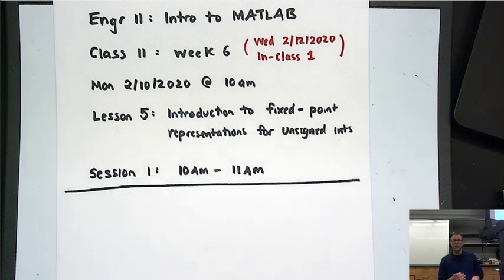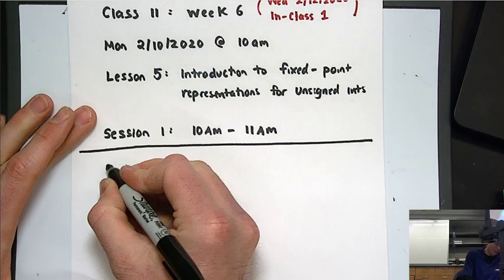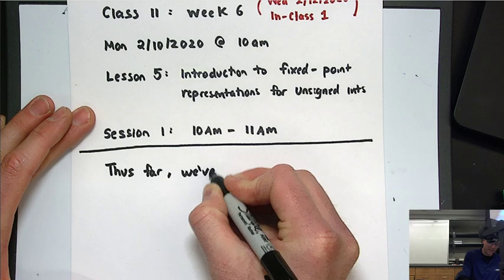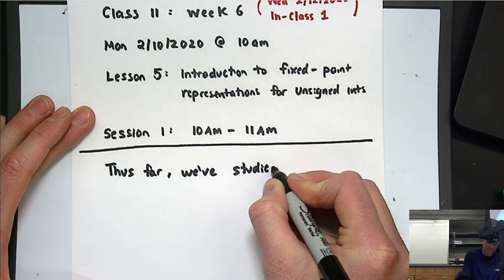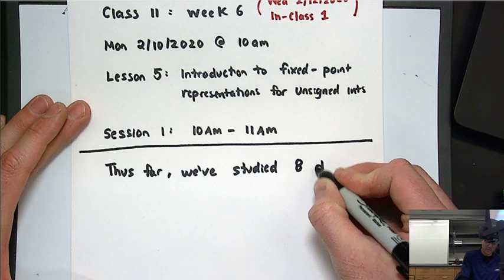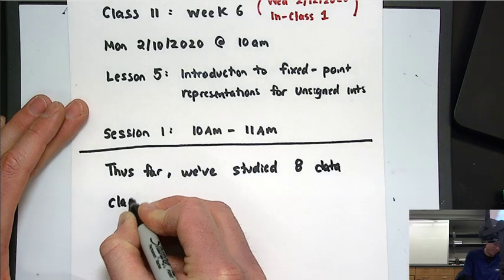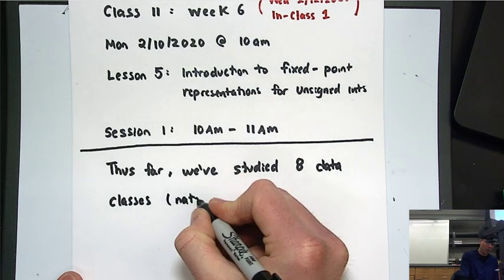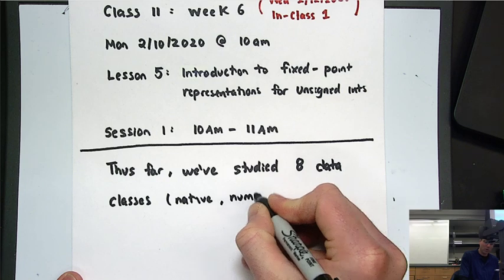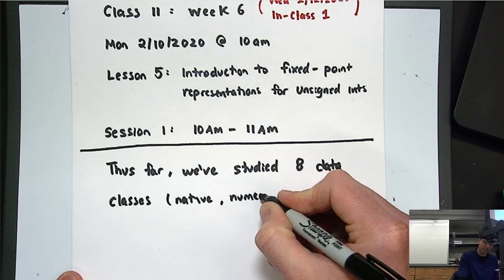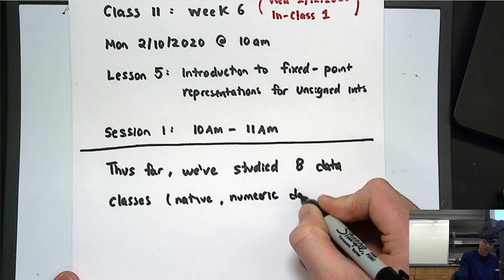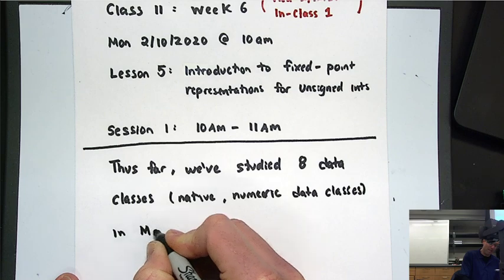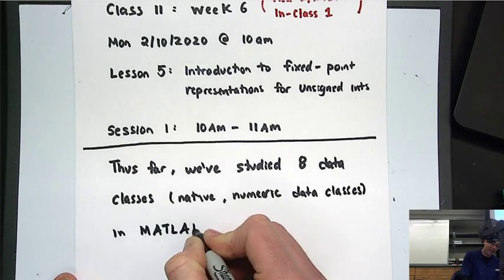All right, great. So thus far, what have we studied? We've studied 8 data classes, which were what we call native numeric data classes in MATLAB. What were the 8 data classes that we studied?